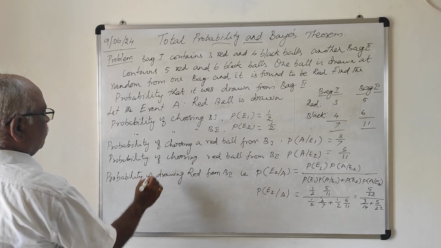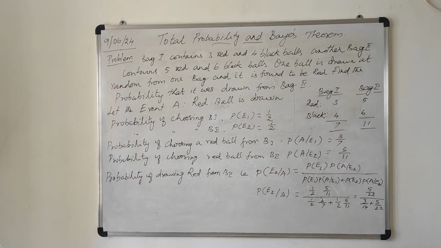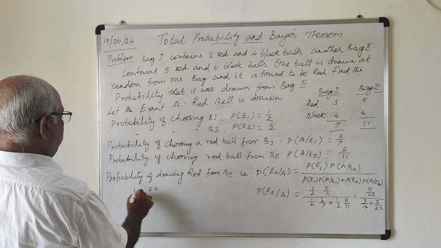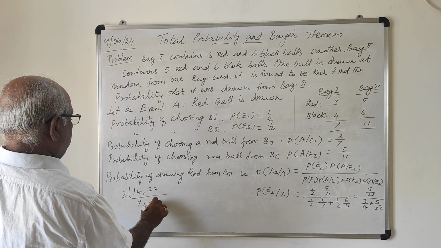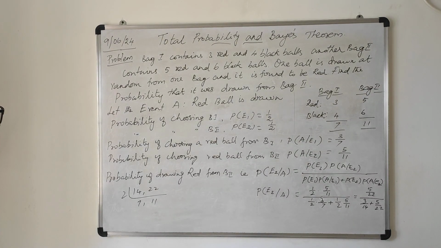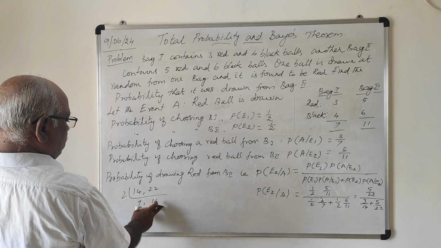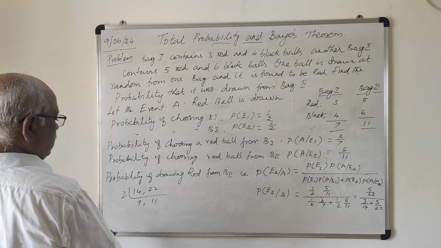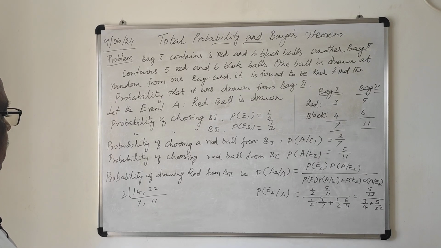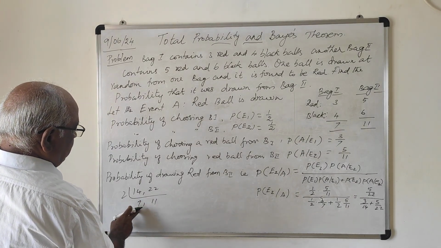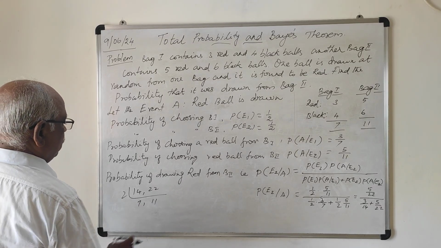For 14 and 22, the LCM is 2 into 7 into 11, that is 154. 7 2s are 14, 11 2s are 22. See, 14 into 11 is 154.